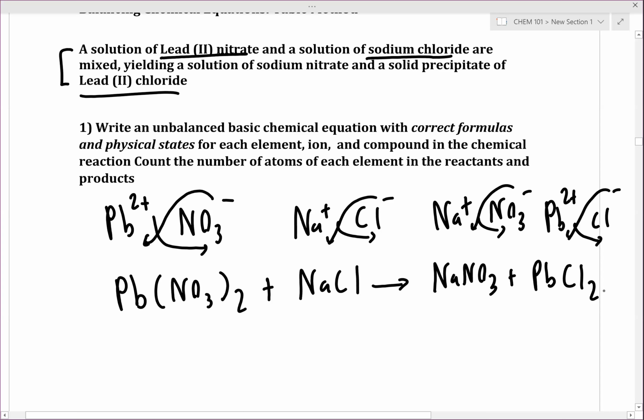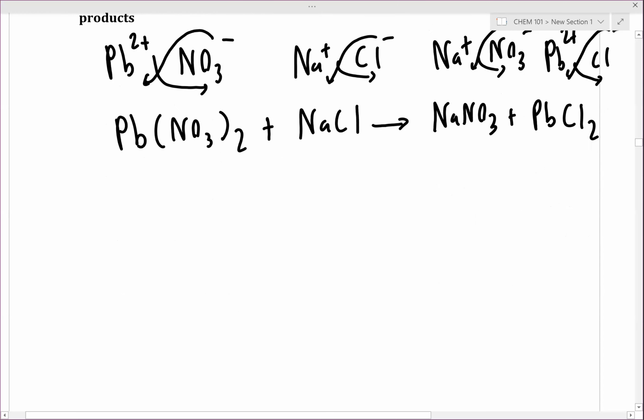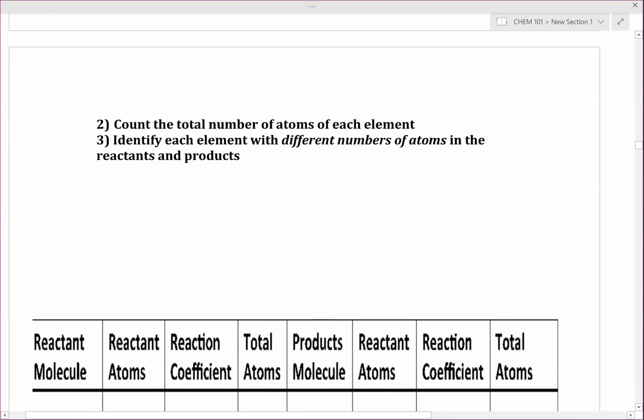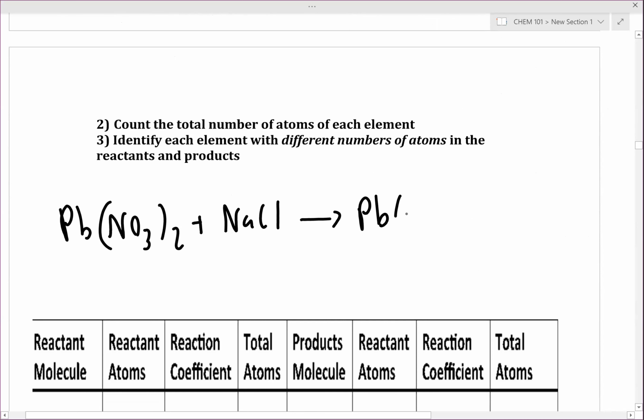So we write the charges of each ion, we cross the charges, and that gives us the formula. So let's now take this equation and plug it into a table. We have Pb(NO3)2 plus NaCl leads to PbCl2 plus NaNO3.